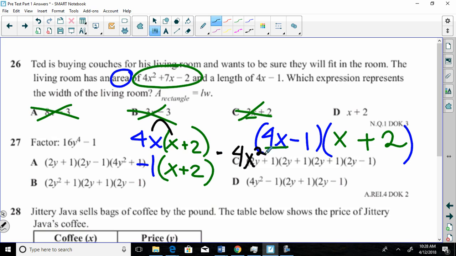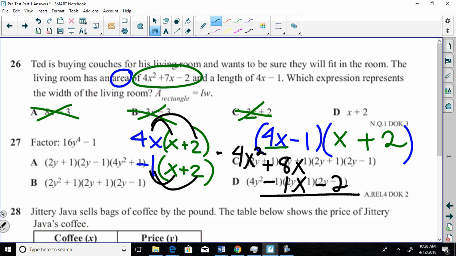What's 4x times 2? 8x, yep. What's negative 1 times x? And negative 1 times 2? Negative 2. And then we simplify. So we have 4x squared. What's 8 minus 1? 7x minus 2. Is that the answer I wanted to get? Yep, so I know that was.